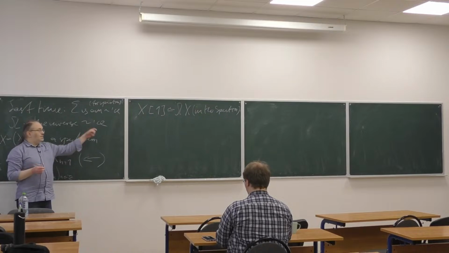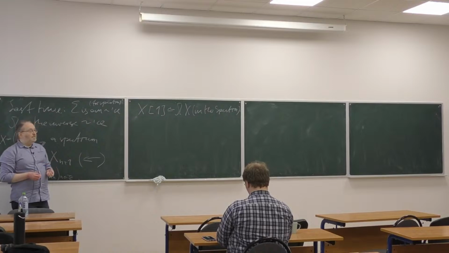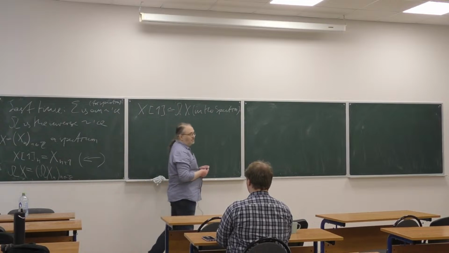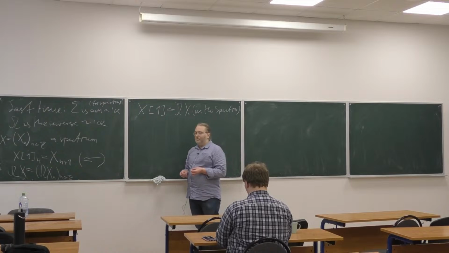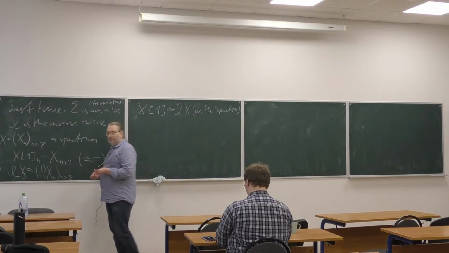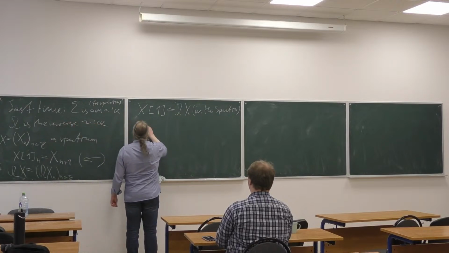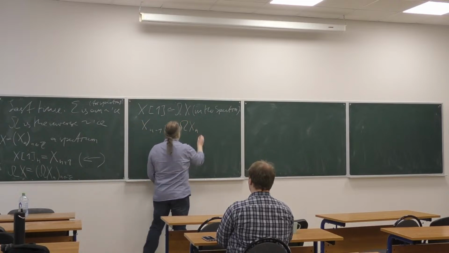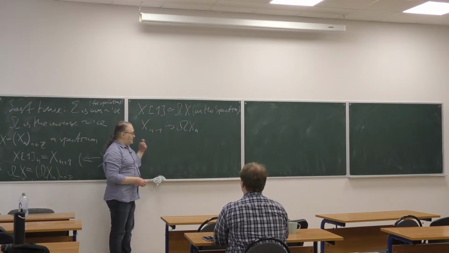Who remembers in which direction the map goes? Yes, so we have xn minus 1 to omega xn. Well, these are part of the structure maps of the original spectrum.